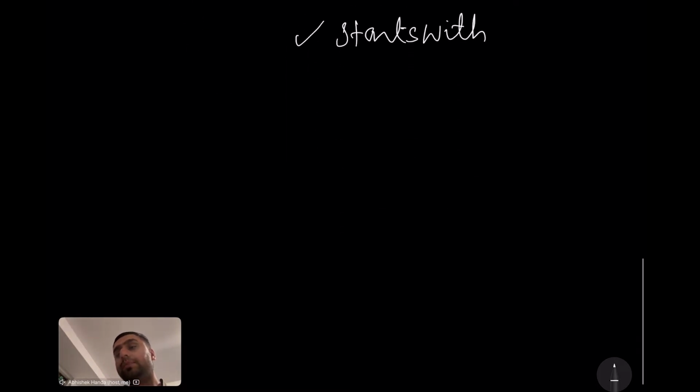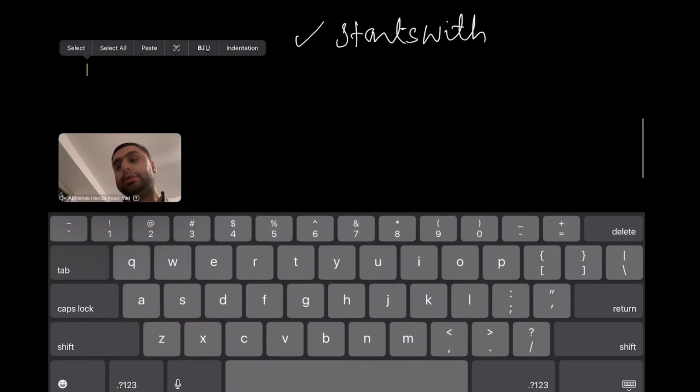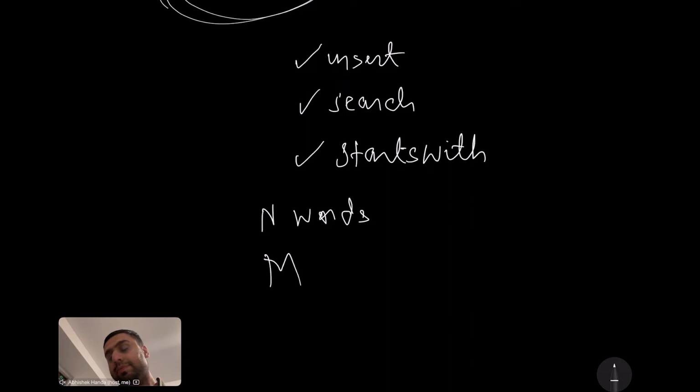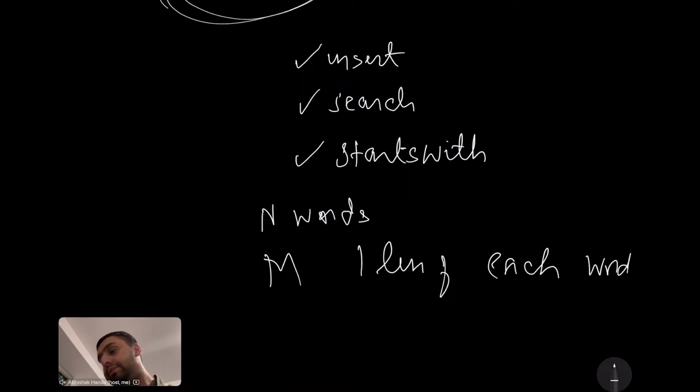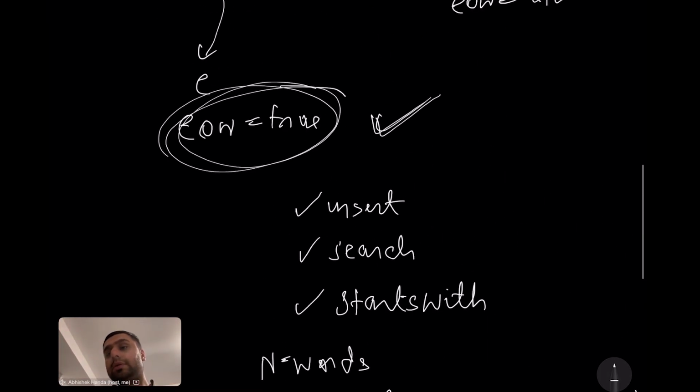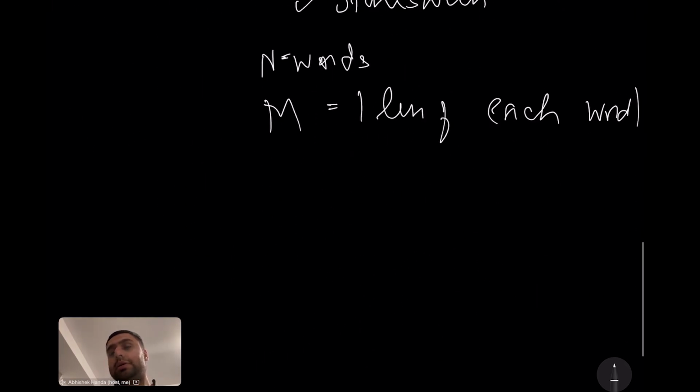So next let's try to code this, but before coding, let's talk about the time complexity here. So assuming there are n words, and the length of each word is capital M on average. What is going to be the time complexity of each of these operations?